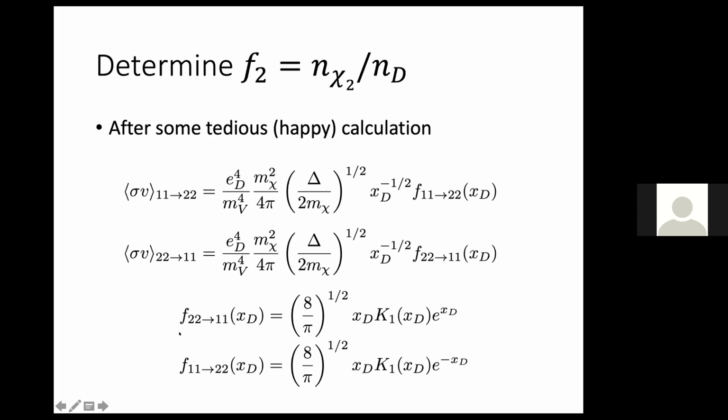Okay, so very fortunately we can solve this cross section analytically. Once we do it, this cross section can be written this way, and this F 11222 and 22211 have the same forms and can be solved using Bessel functions. This K1 is some Bessel function, right? So yes, for the 22211, you have this factor E to the X dark, and for the 11 to 22 process, you have E to the inverse X dark, right?